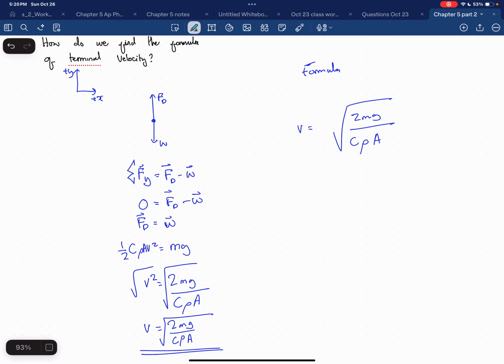The wider I am in the air, the larger my surface area is, the smaller my terminal velocity will be.